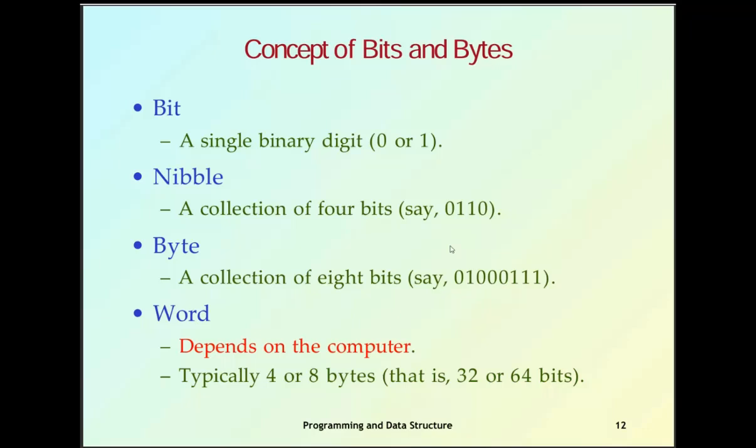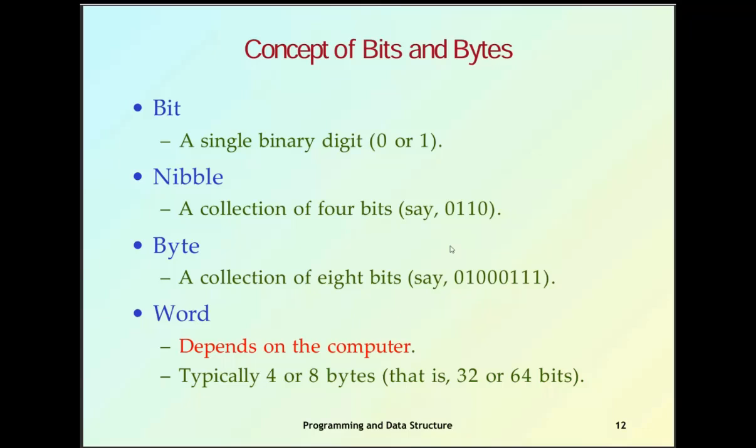The computer is so dumb that it is not able to understand anything apart from a sequence of zero and one. A single binary digit, where we can store either 0 or 1, we call it a bit.